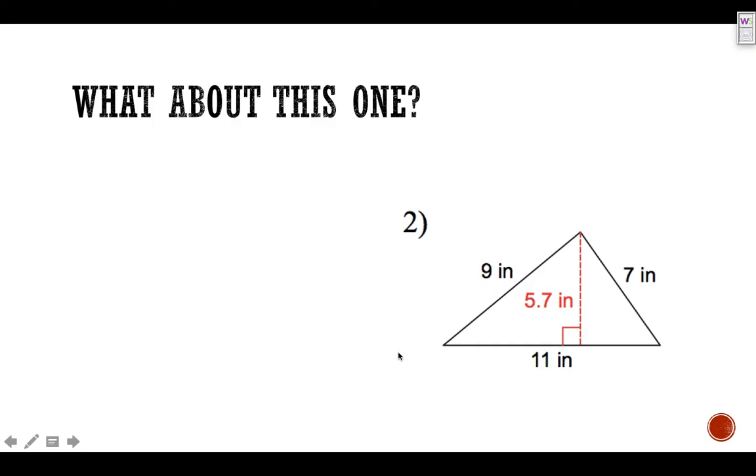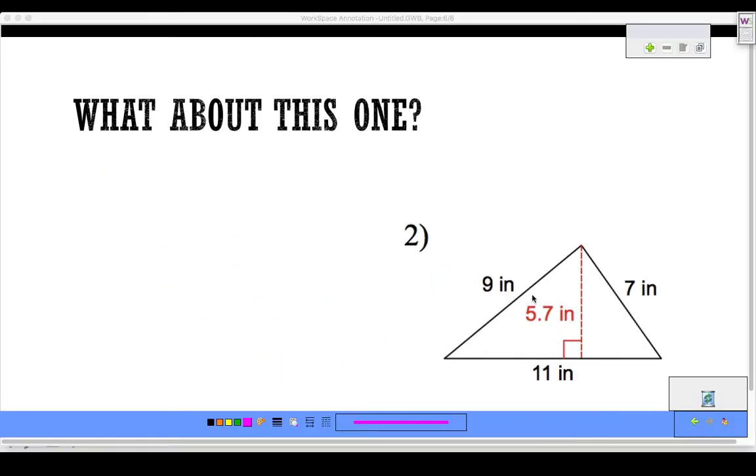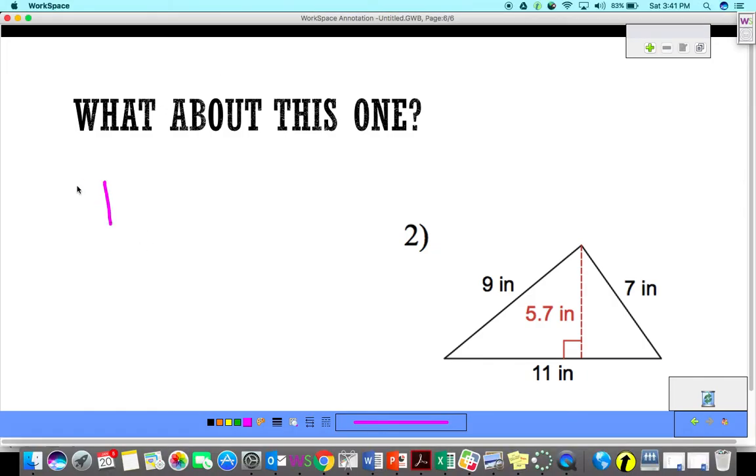Looking at this shape, I need to decide what kind of shape it is. So when I look at this shape, I see that it has 3 sides and a height through the middle marked by this right angle. Because it has 3 sides, I know it is a triangle. So I'm going to write a T for triangle. Now I'm going to go ahead and find the area formula on my reference sheet.